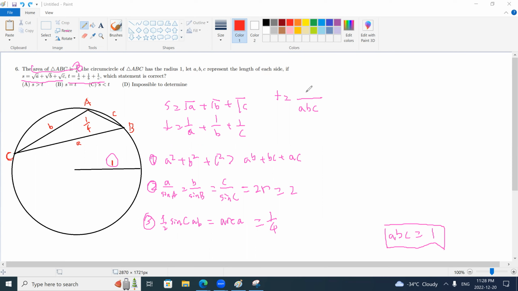So we would get abc divided by bc plus abc divided by ac, plus abc divided by ab. Okay, so we know these are 1. Let's just erase these things. We know that they're 1, we don't need them.